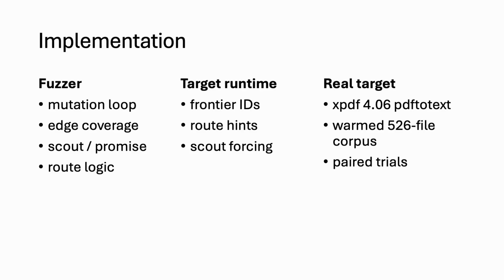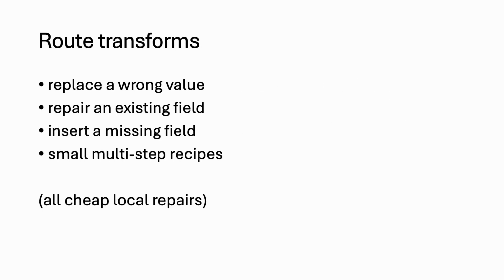The target side can tell the fuzzer what specifically failed, but it doesn't automatically fix the input. So that's really the point of the route transforms, because that's the part that actually tries to turn a hint into a usable repair.